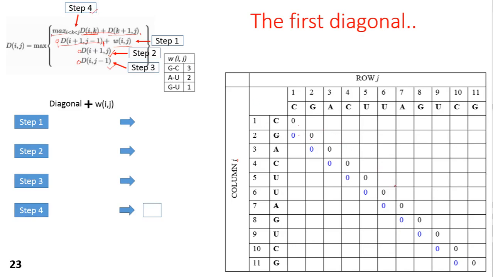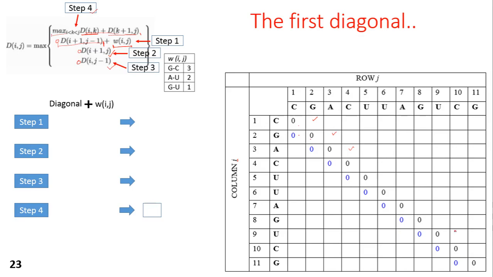In case of the very first diagonal, these three values would always remain 0, as you can see over here. For each position, the three values would always remain 0. The only difference would be the weight value. So wherever you revisit this column or this column or this column, if there is base pairing as per this rule, then these values are supposed to be placed in these columns.